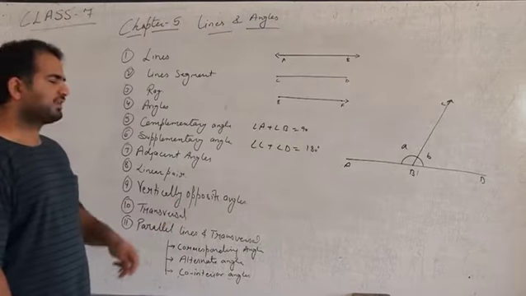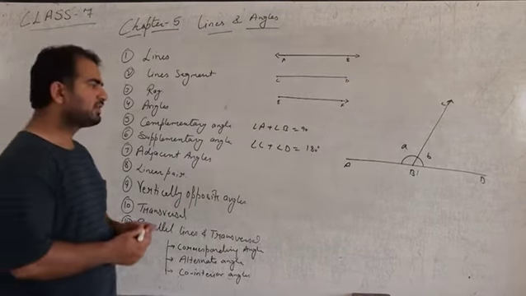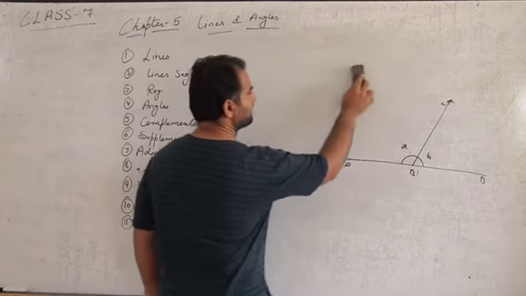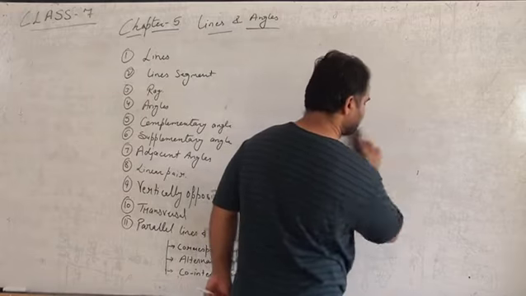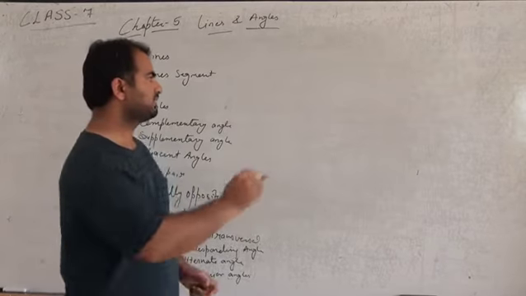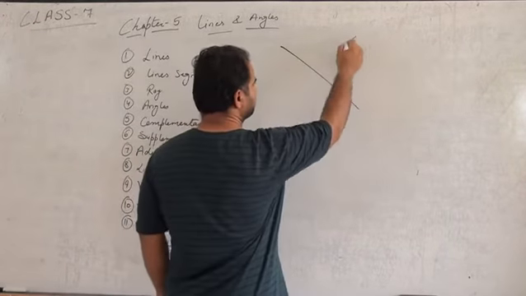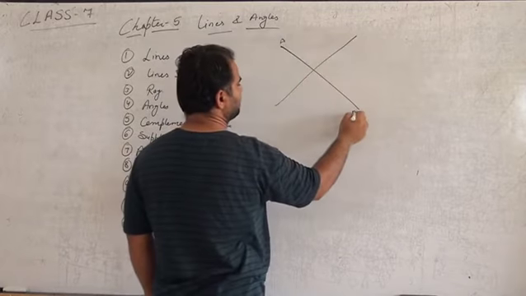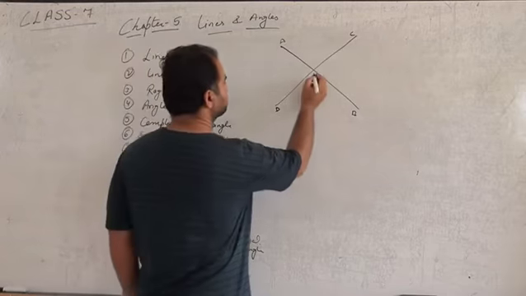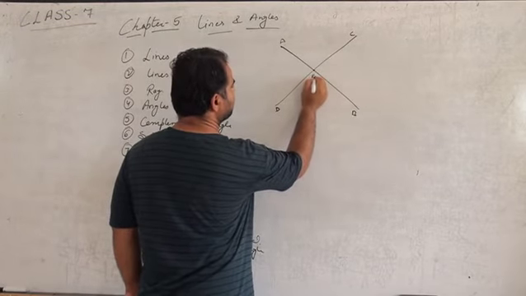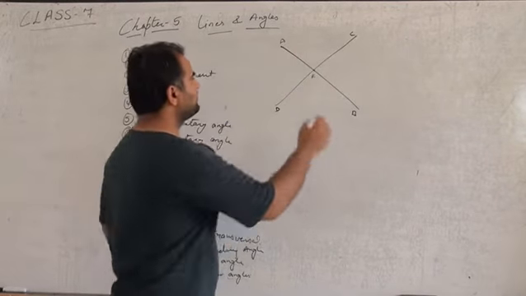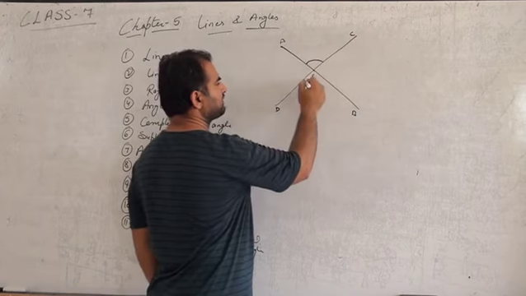Next is vertically opposite angles. What are vertically opposite angles? Vertically opposite angles are formed when two lines intersect each other. They make two pairs of vertically opposite angles, like this and this, A, B, C and D. When these two lines intersect at a point, let this point be E. So this angle and this angle, A and B, will be equal.